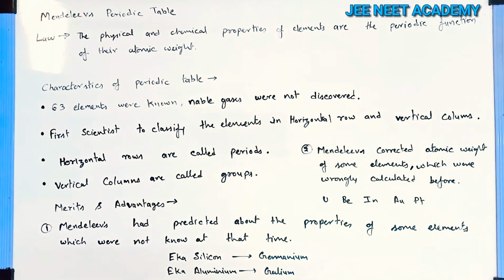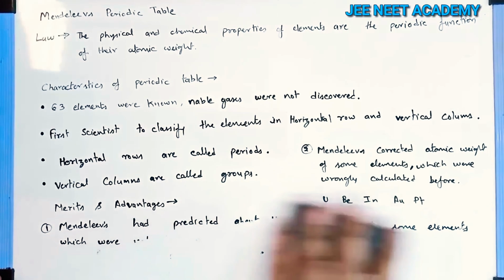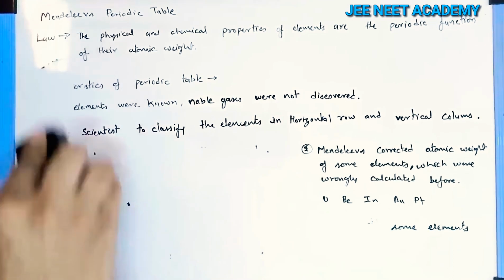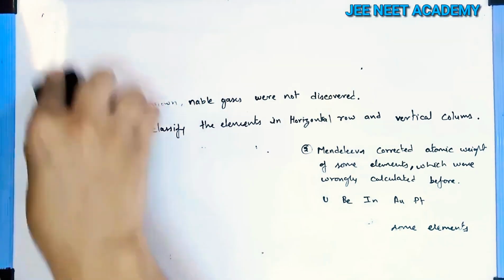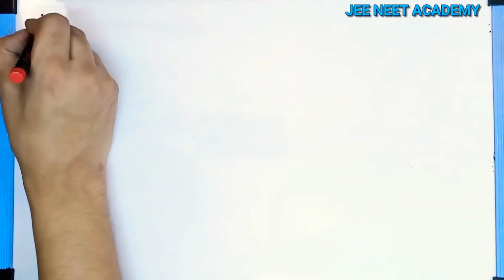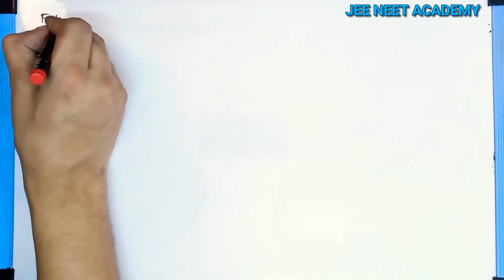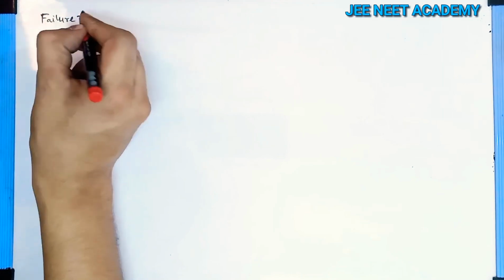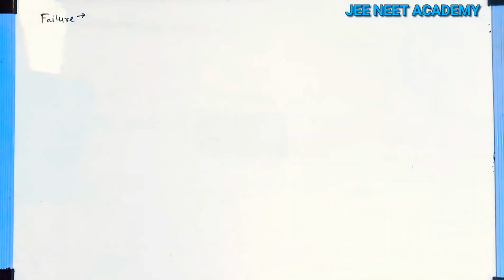Now we will talk about the failures of Mendeleev's periodic table. No separate place was given to the isotopes.